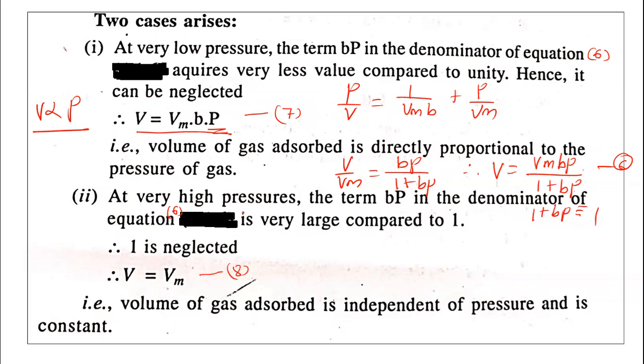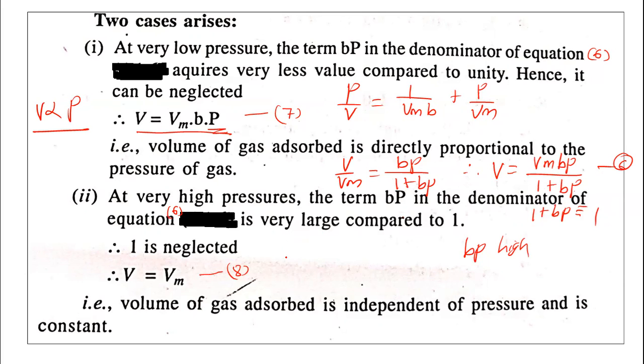Now at very high pressure, the term Bp in the denominator of equation 6 is very large as compared to unity. At very high pressure, Bp value should be high, so 1 will be neglected there.